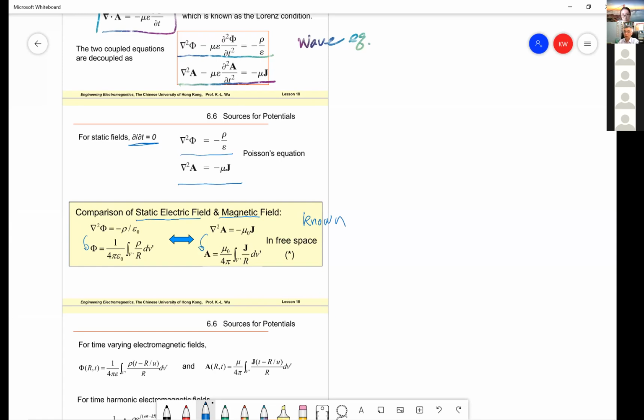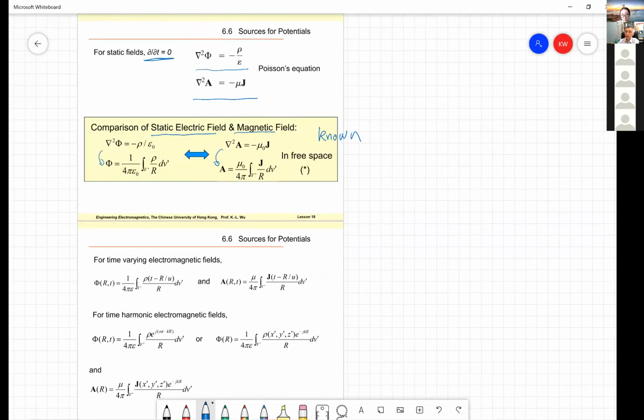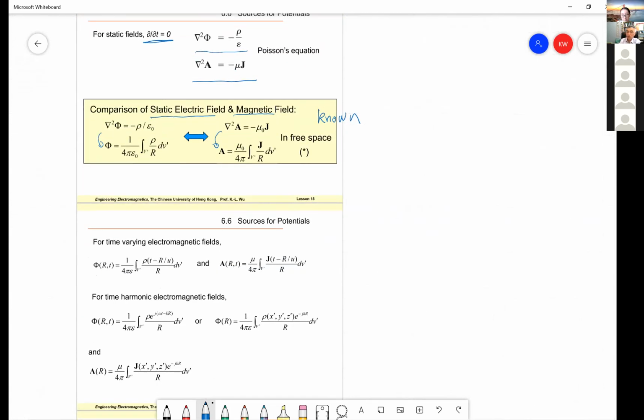Now, what is the difference of a time varying field compared to a static field? The solution is always with the argument of t minus r over the speed of wave. Okay, so we justify this can be an arbitrary function f.